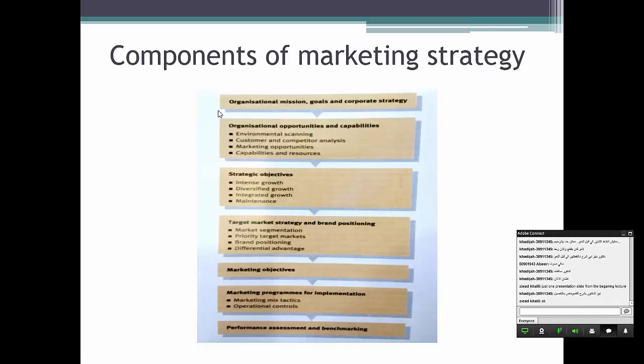And think also of the positioning, because when you create a product, for sure there is another product similar to yours in the market. So you need to define where to put your product, whether in the best place, the middle place, or the lower place. Each one of them has its own marketing program.